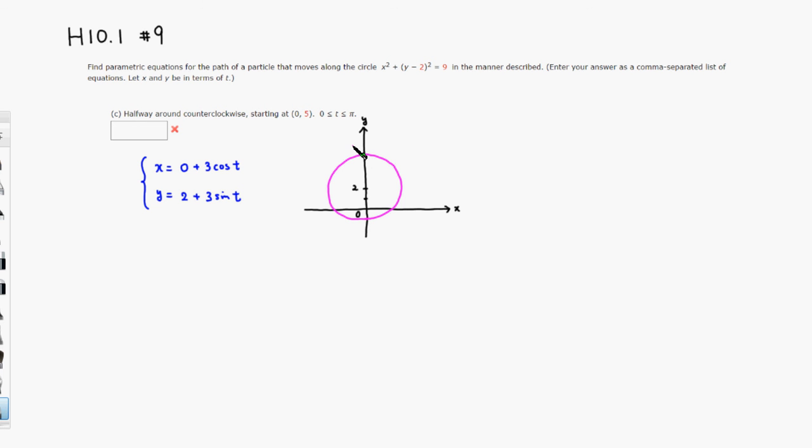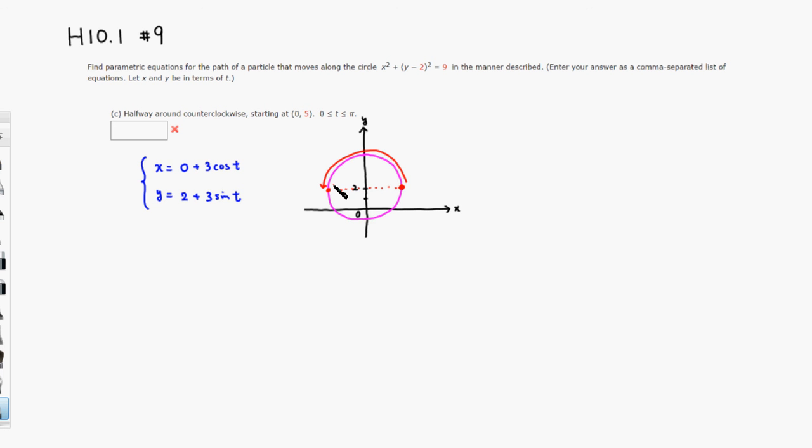Then if you use this equation, it's going to actually start from this point, right? Then t goes from 0 to pi, so it's going to go from here all the way to here, right? So it does go halfway, but it's starting from the wrong location, right?